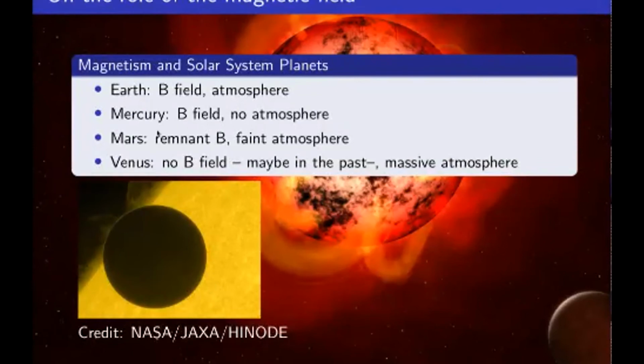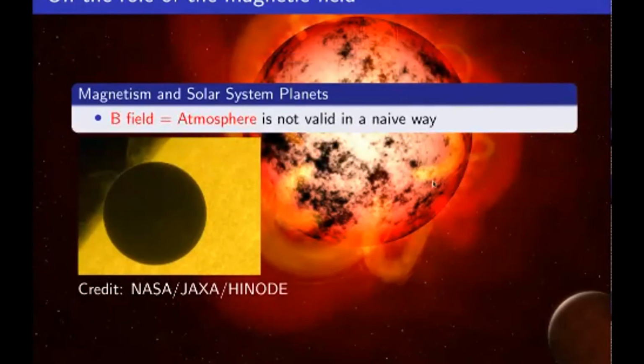Mars has a remnant magnetic field and a faint atmosphere. And Venus has no magnetic field, maybe it had one in the past, and a massive atmosphere. So we cannot just say that a magnetic field is equal to an atmosphere in a naive way. We cannot just claim that if we detect an exoplanet with a magnetic field, that exoplanet has an atmosphere.